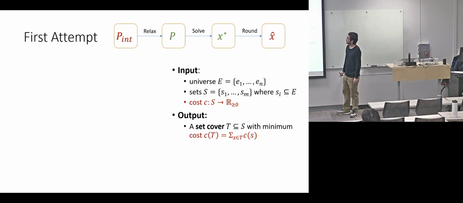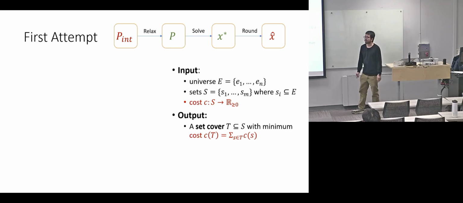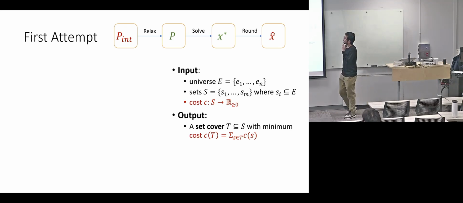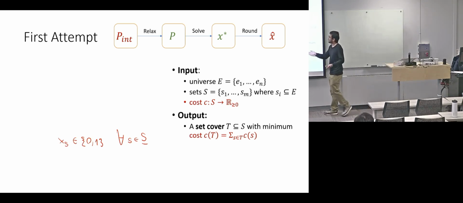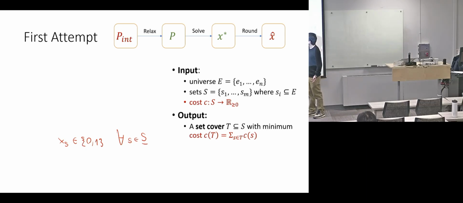I want to create 0-1 variables for each set. For each set S, I create x_S. That makes sense because we want to choose a subset of the sets.